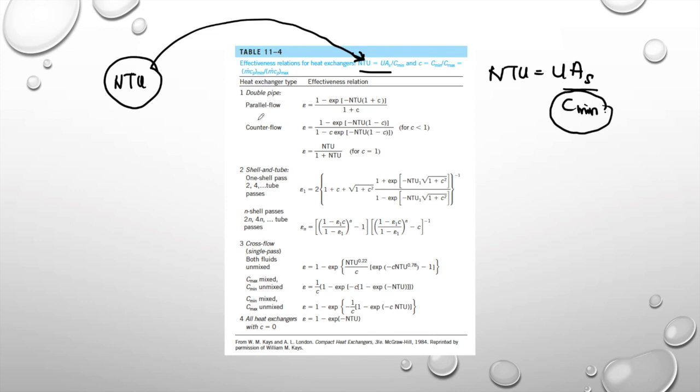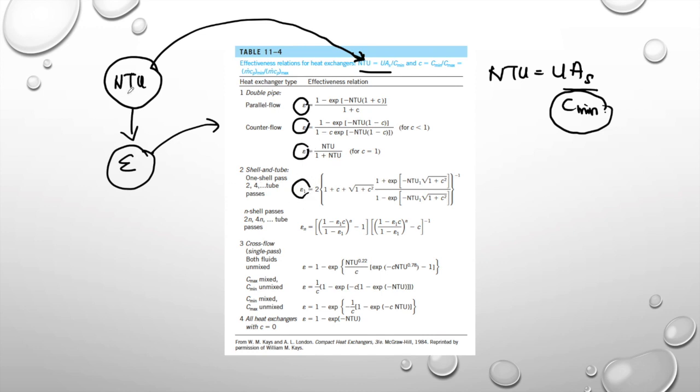So in order for you to refer to this table to calculate the effectiveness, you know the value of NTU, or you can calculate the value of NTU. Then what you want to find in this table is effectiveness. Okay, so this is your aim for this table. So you want to find what is the effectiveness here. Okay, that's why you have to calculate.